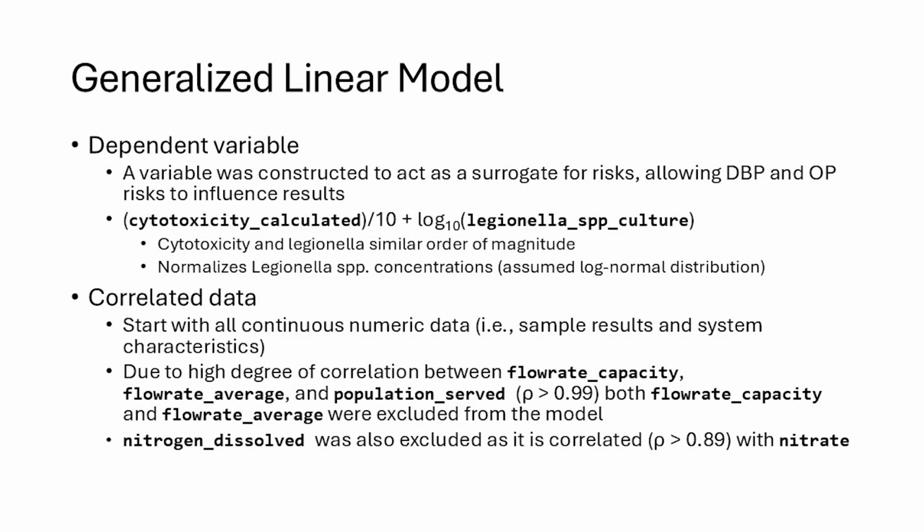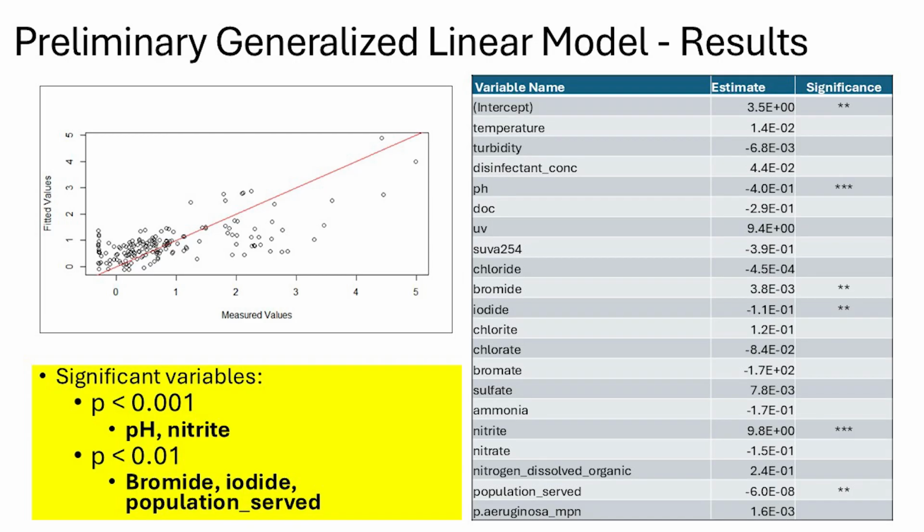We put that all into a generalized linear model, including that metric that we had to invent as our dependent variable. And we removed our correlated variables like population and flow rate, which were expected to be correlated, so that we would just use one variable representing size of the plant.